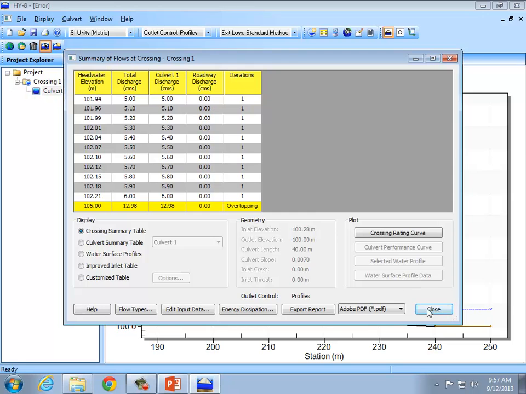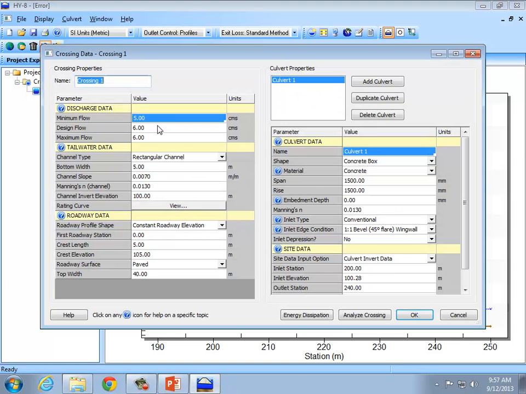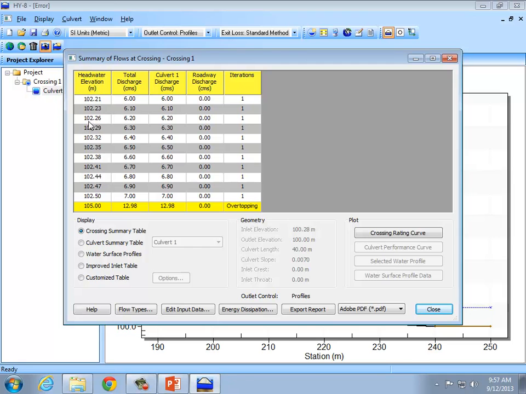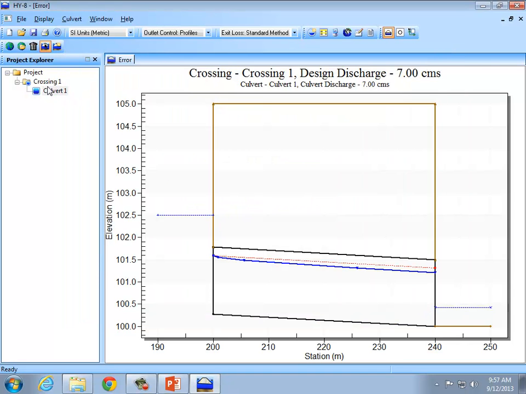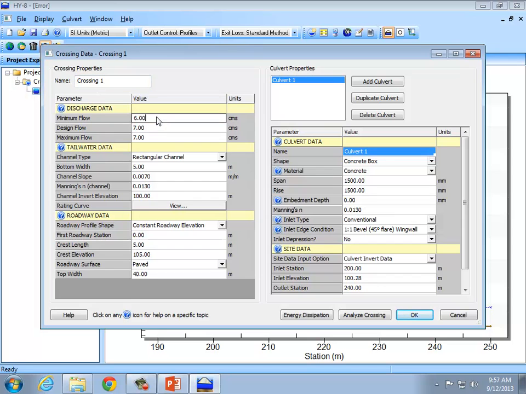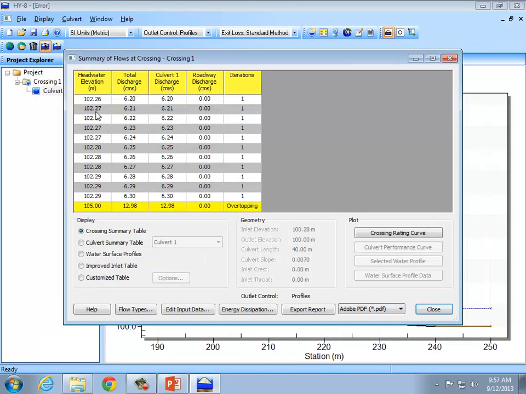So I'm going to have to close this and change the analysis to be 6 to 7. Analyze it again. So that 2.28 we're looking for looks like it's between 6.2 and 6.3. So we're honing in on it. 6.2 and 6.3.